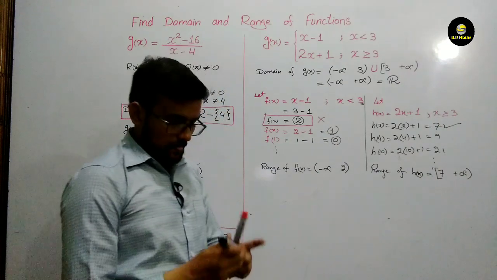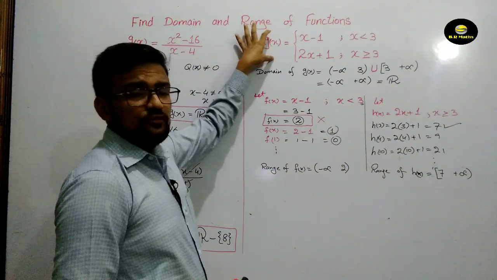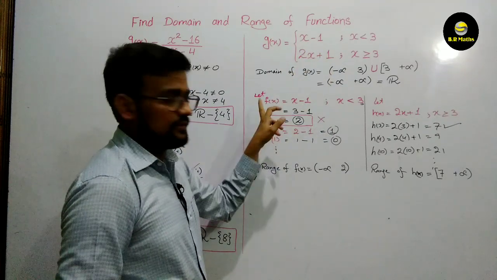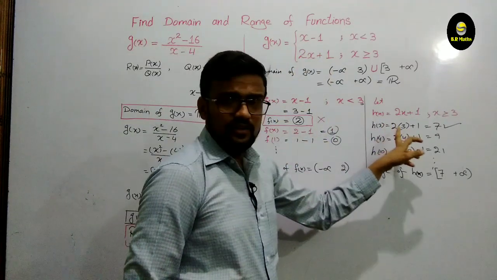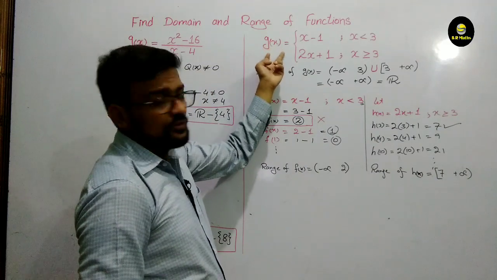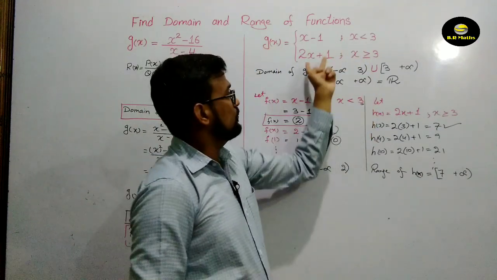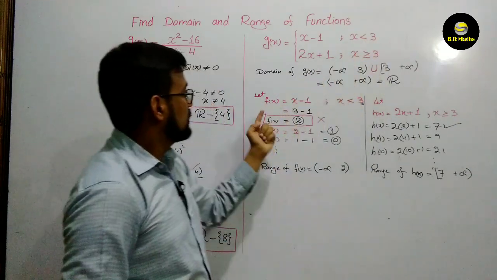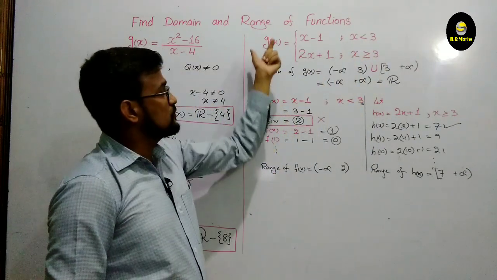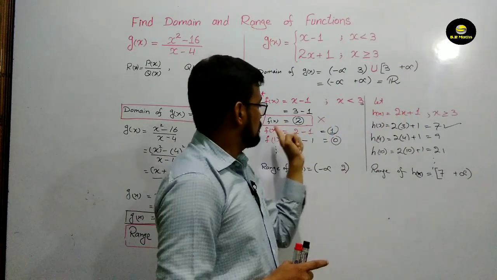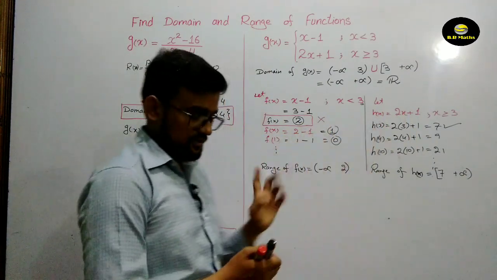So student, see, g of x is a composition of these two functions, f of x and h of x. The domain of this function is all real numbers, the union of both domains. Similarly, the range of g of x is the union of the ranges of these functions.